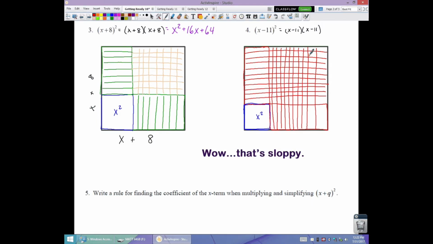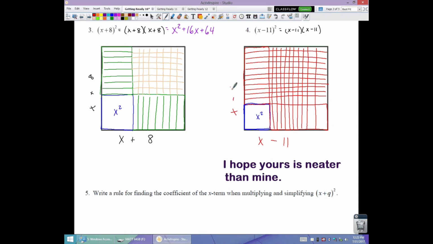Okay, so what do I end up with? Here's x minus 11 on this side and x minus 11 that side. That gives me a total of 1 single x squared, 22 negative x tiles, and then, because it's 11 by 11, I have 121 of these.